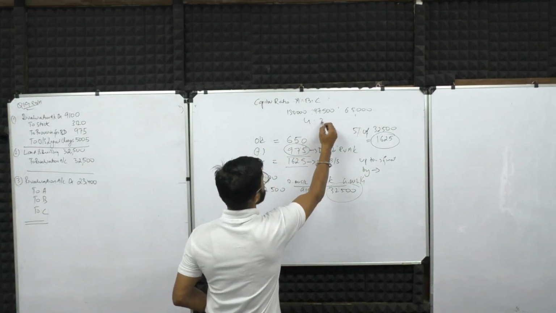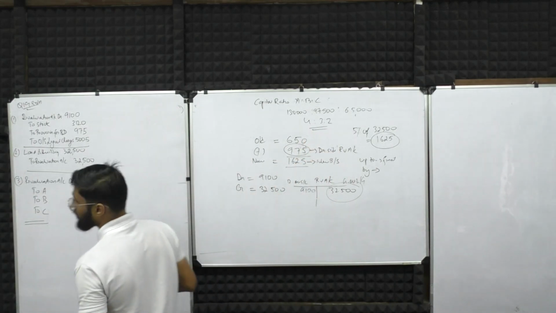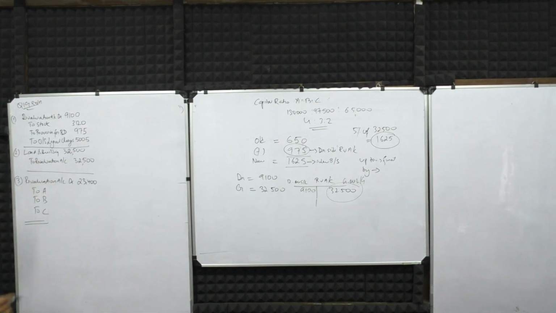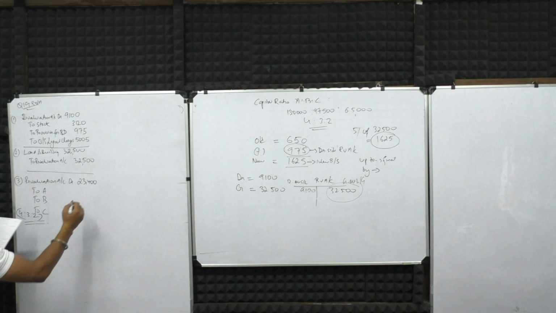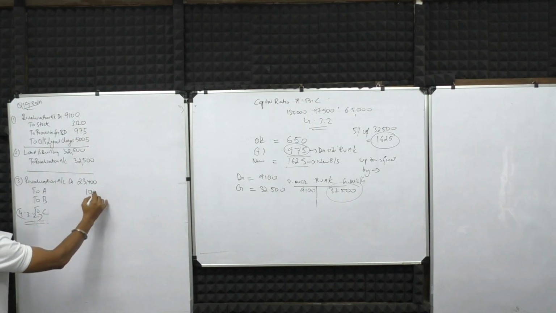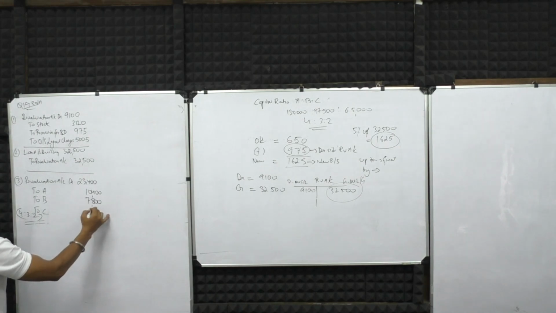So this will be distributed in the ratio 4 is to 3 is to 2. So now 10400, 7800, 52.